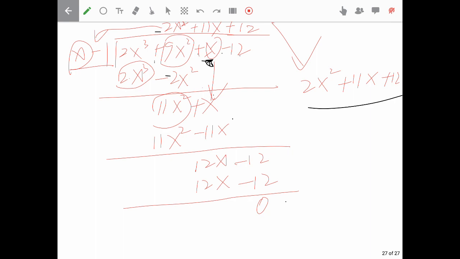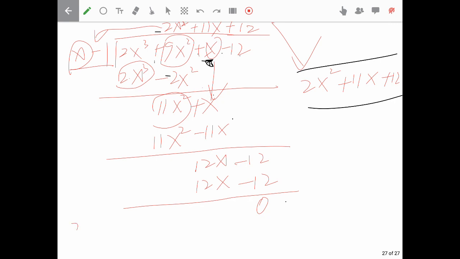Remember question B is usually based on question A, so you might use the result from question A. So what does the long division mean?